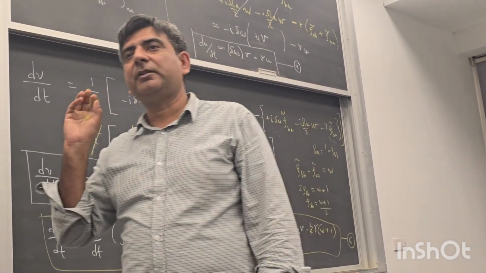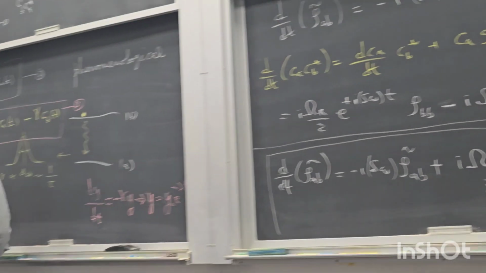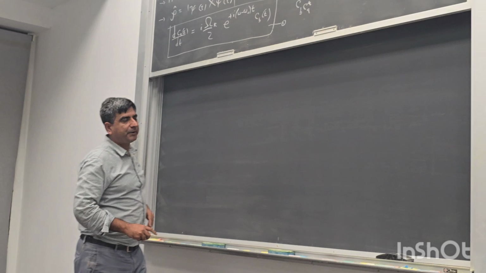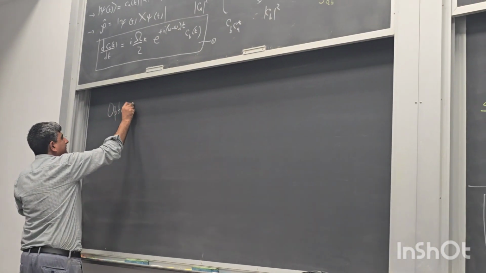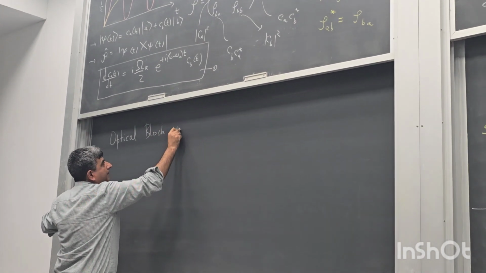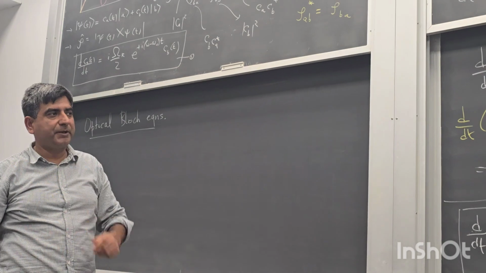These are called the optical Bloch equations. Equations 4, 5 and 6, these are the optical Bloch equations.